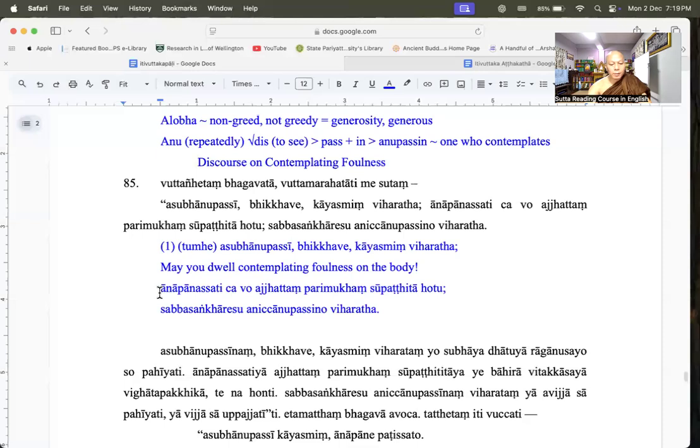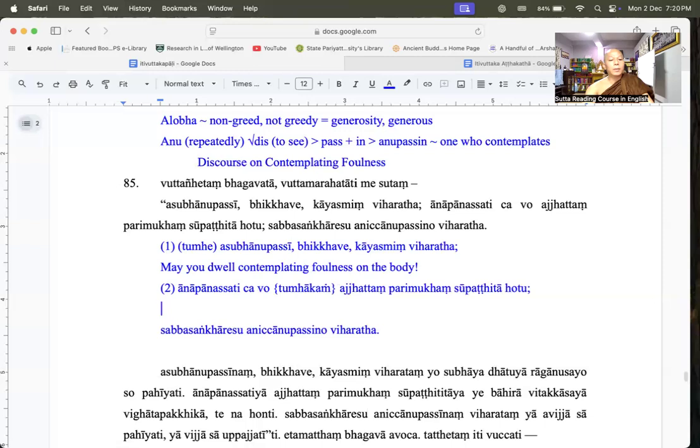And then next, so Ānāpānasati vā. Here vā is actually dhammaga, vā can be understood as so dhammaga in this way. So okay, here Ānāpānasati.